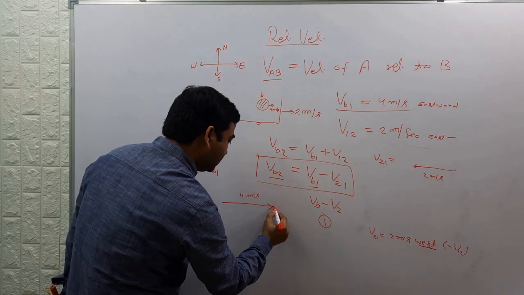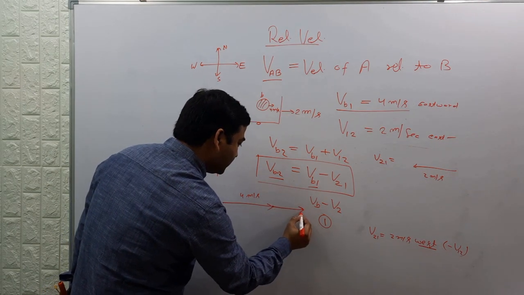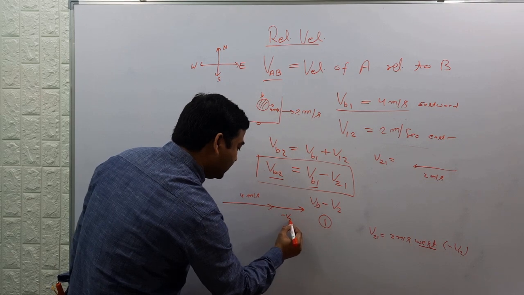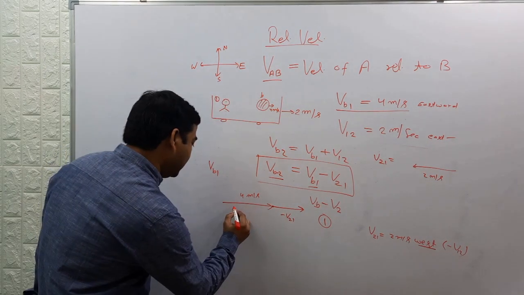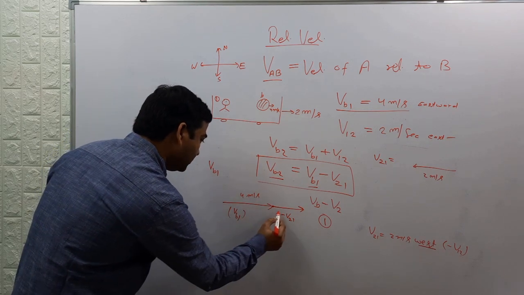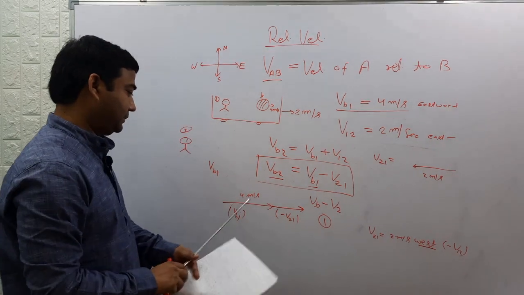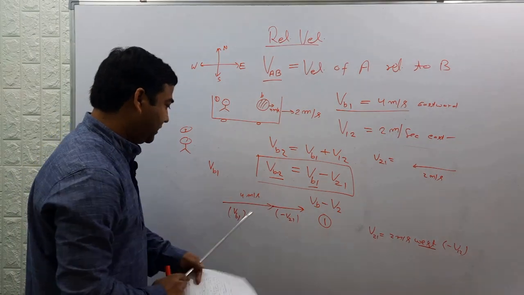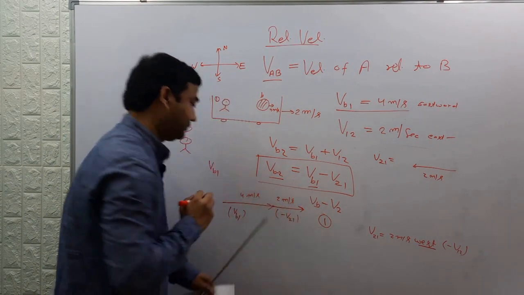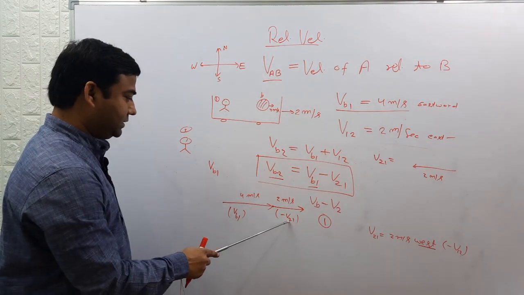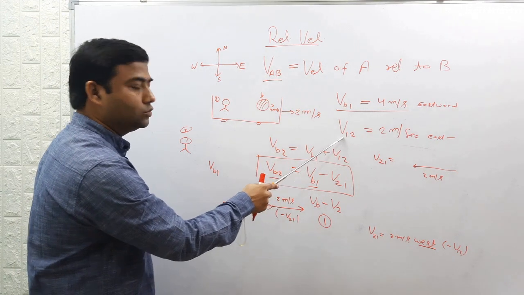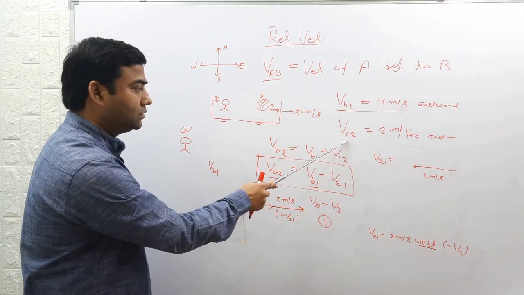That is, this is minus V21 and this is V1. This is 2 meter per second.